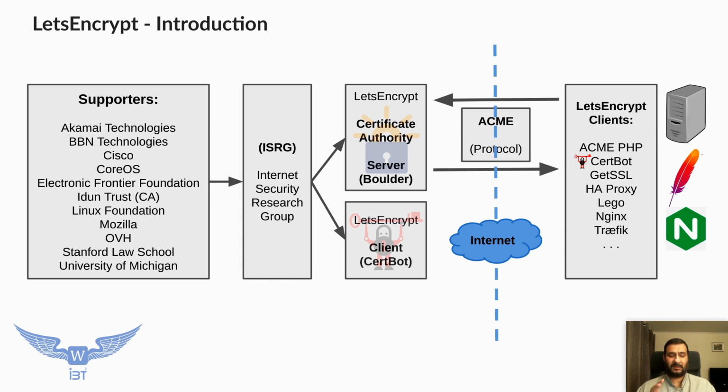Right, so there are many other clients as well besides certbot. There are many, and those are being used on different web servers, as I have shown here. Suppose it's a web server, either Apache or Nginx, and it has some sort of Let's Encrypt client installed on it. How would it talk to the Let's Encrypt server, either staging or production? The way it talks to it is through something called the ACME protocol, which is designed by Let's Encrypt.